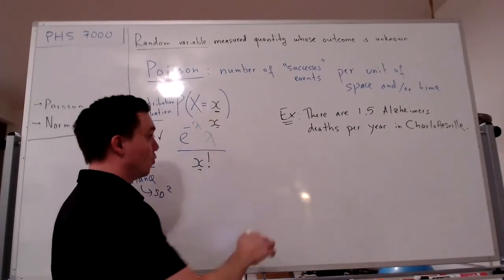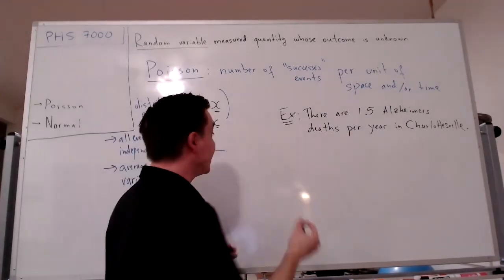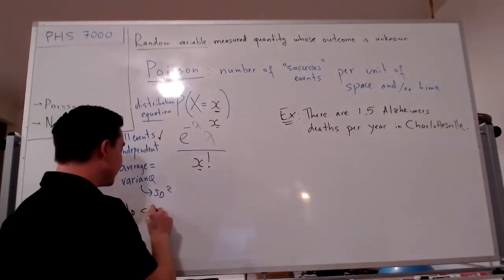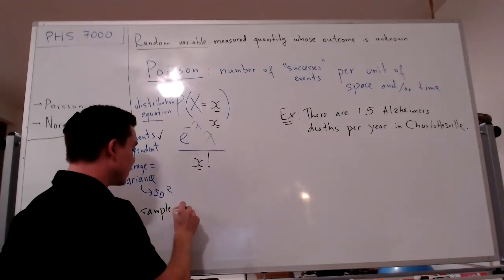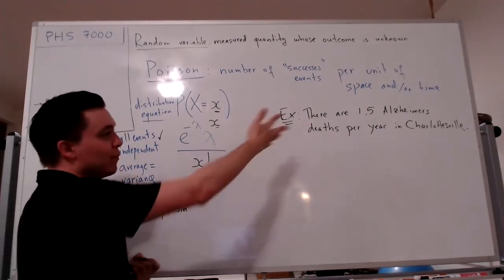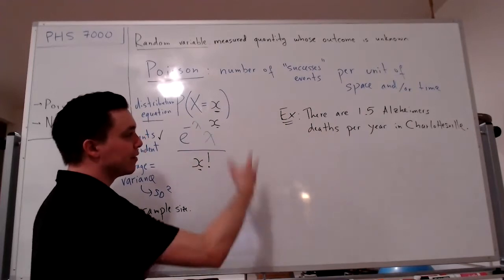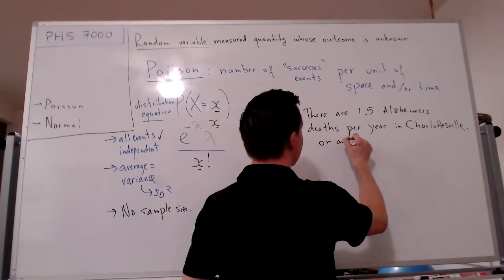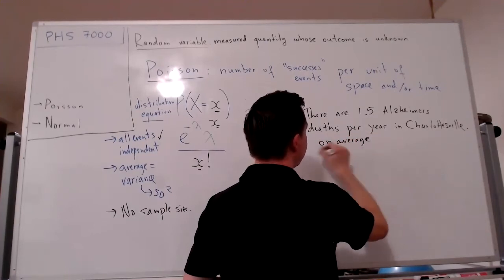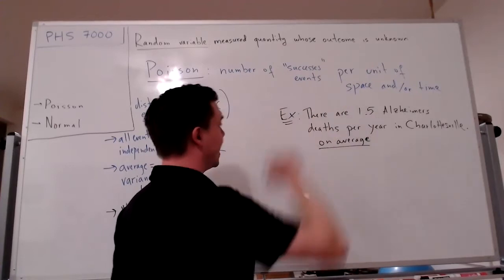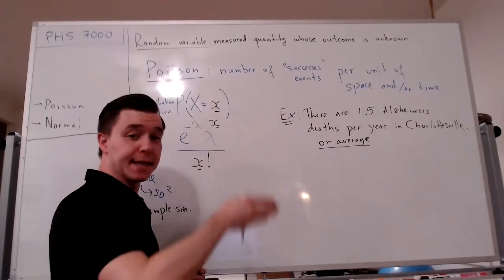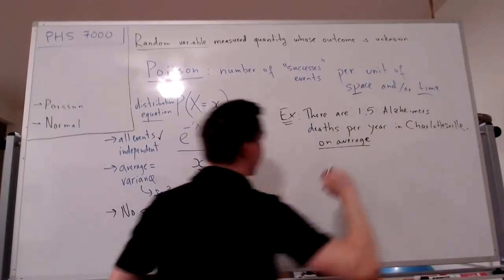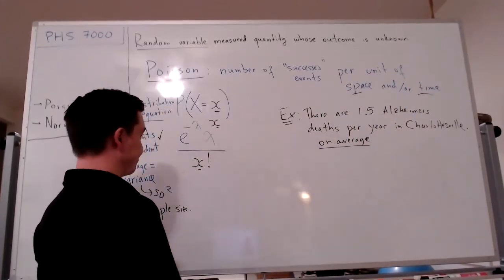And notice that there's also no sample size anywhere. We don't know how many patients we had, but we know that on average there are 1.5 Alzheimer's deaths per year in Charlottesville, right? Per unit of space and or time. And here I have space and time.